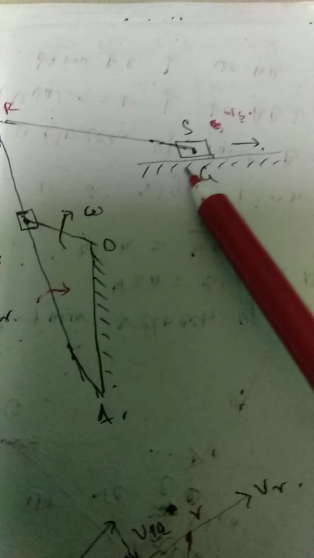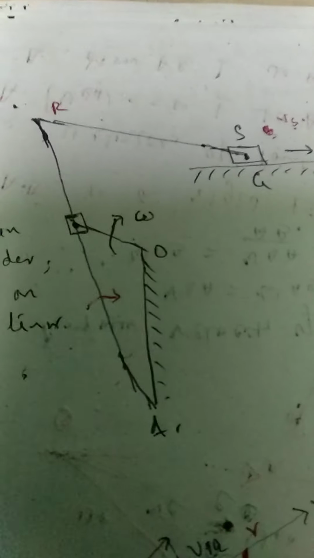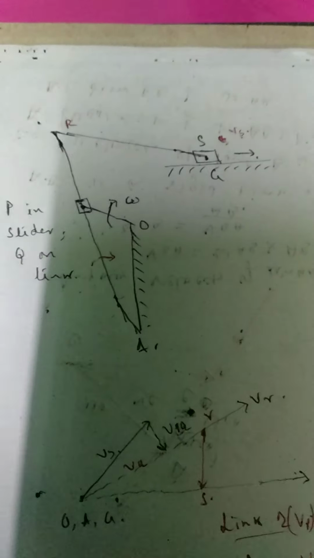Now we will draw the velocity diagram for calculating the velocity of this slider. So drawing this velocity diagram, first what we will do is we will consider only the fixed points.